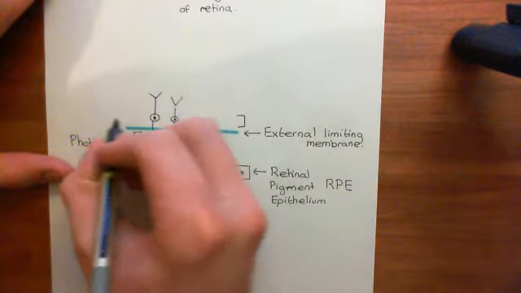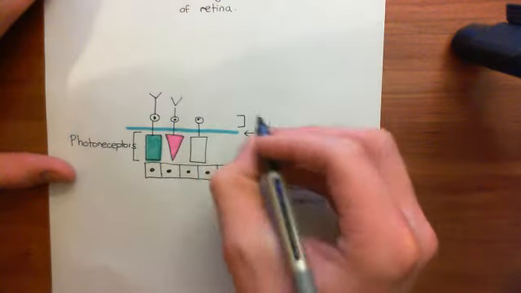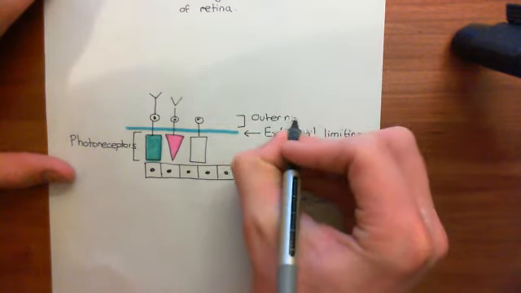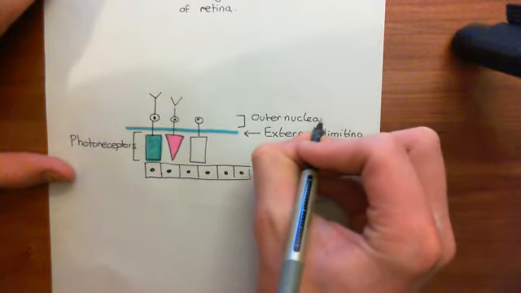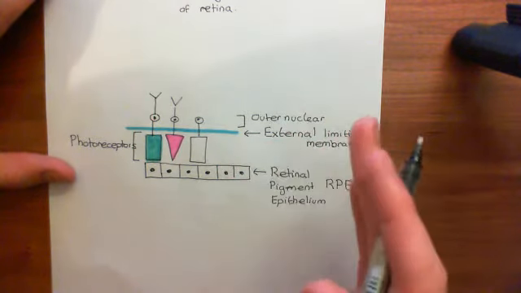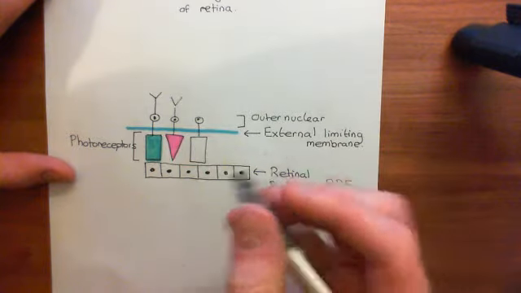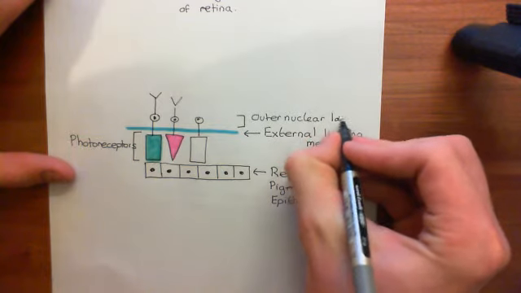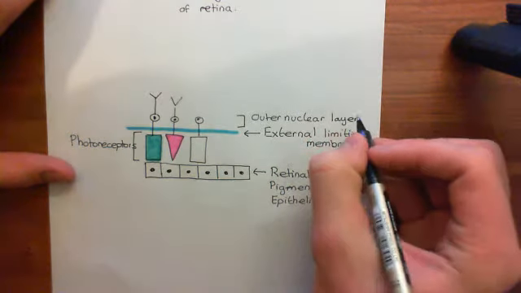So you'll have a whole layer of nuclei, and this is the outer nuclear layer, because again it's facing the outside world. It's a peripheral layer relatively compared to other layers of the retina.